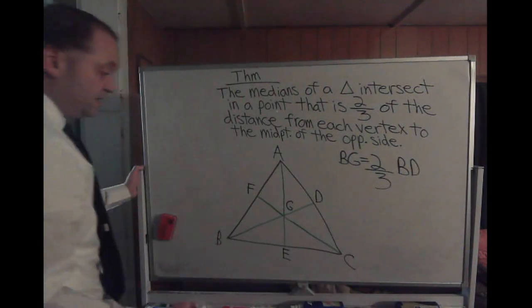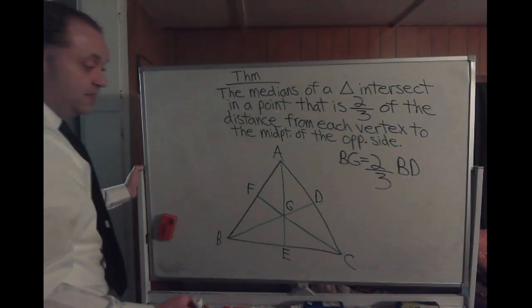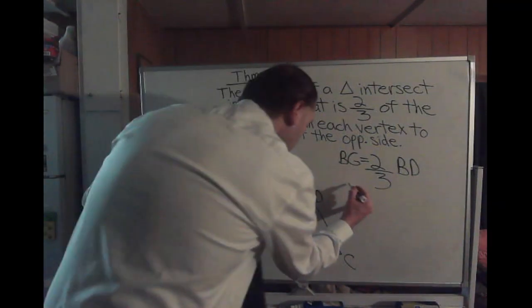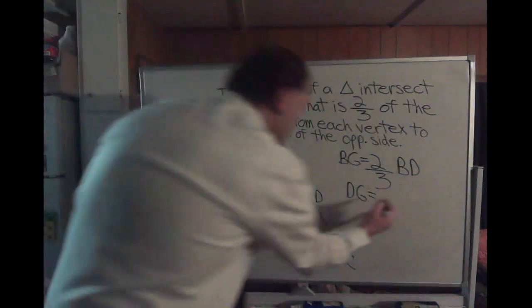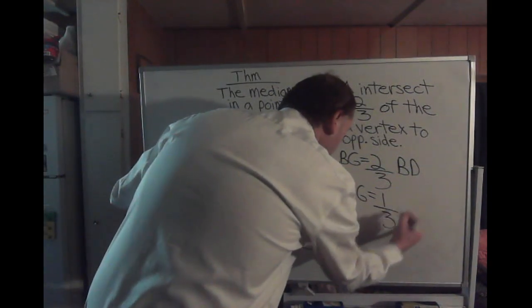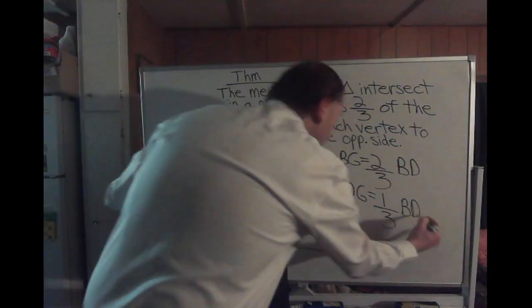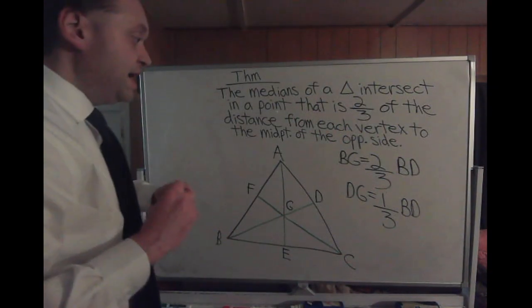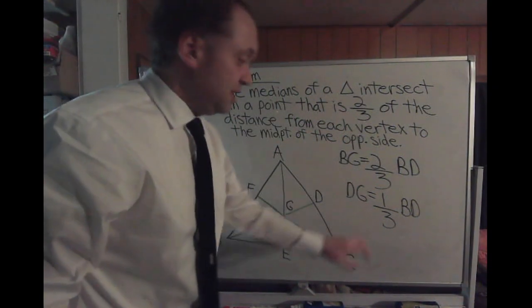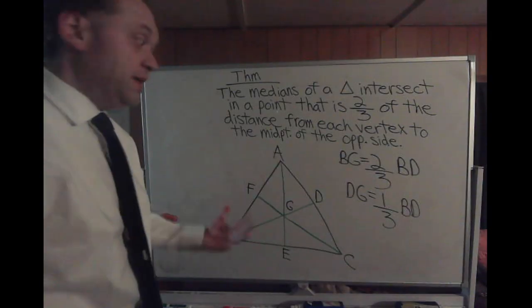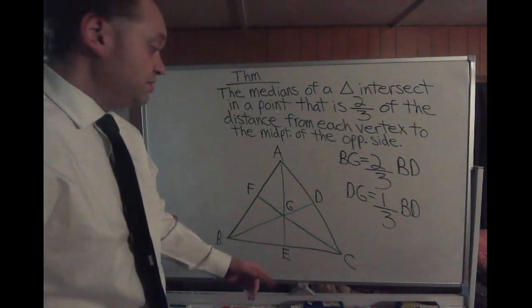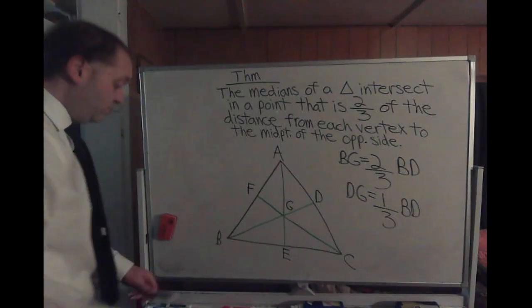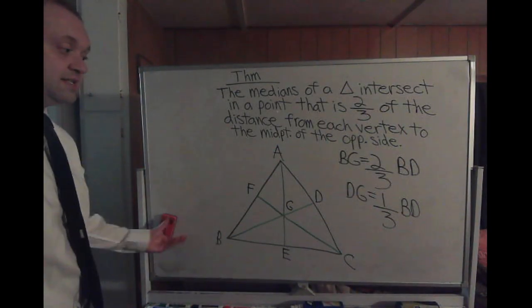And then you're going to have then that DG would be 1/3 of the distance of BD. And that makes sense because if you add 2/3 of BD plus 1/3 of BD, well, you get BD, and then BG plus DG equals BD. So either way, that really makes a lot of sense.